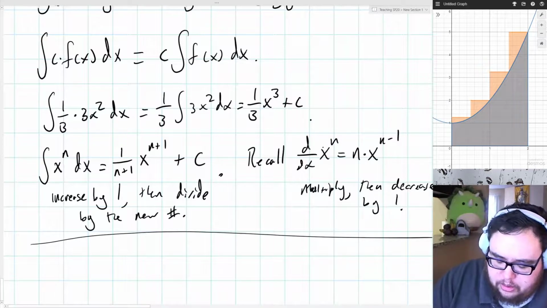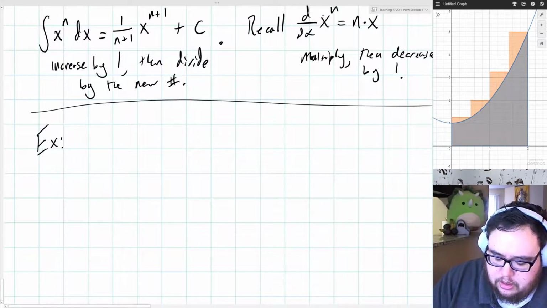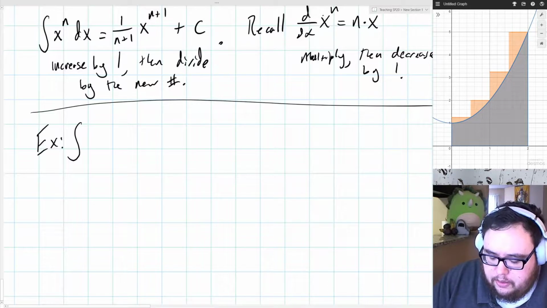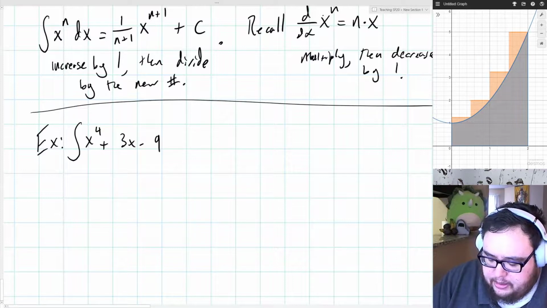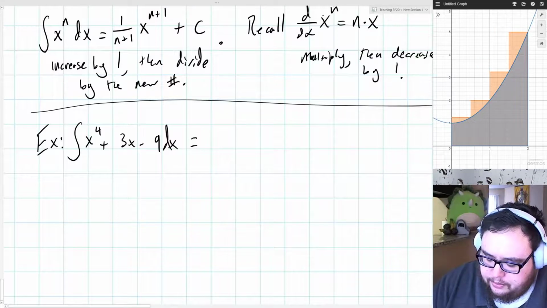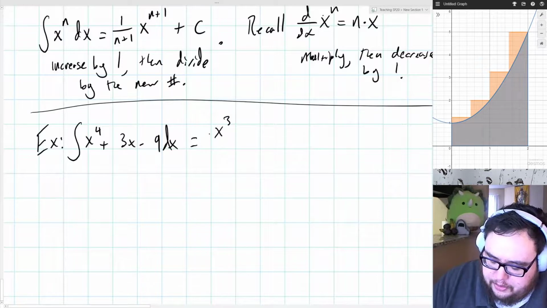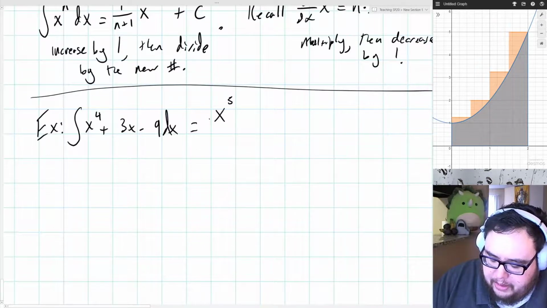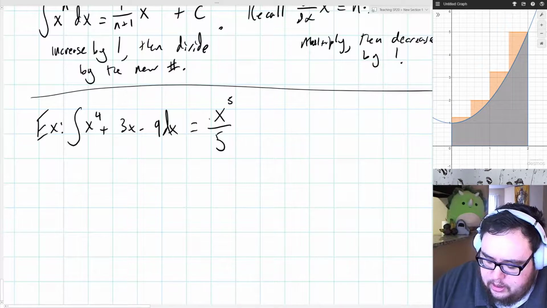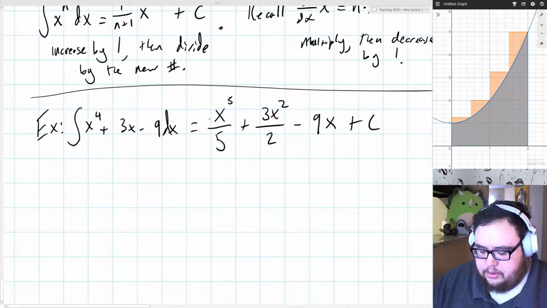So for example, the integral of x to the fourth plus 3x minus 9 dx is equal to x to the fifth divided by 5 plus 3x squared divided by 2 minus 9x plus a constant.